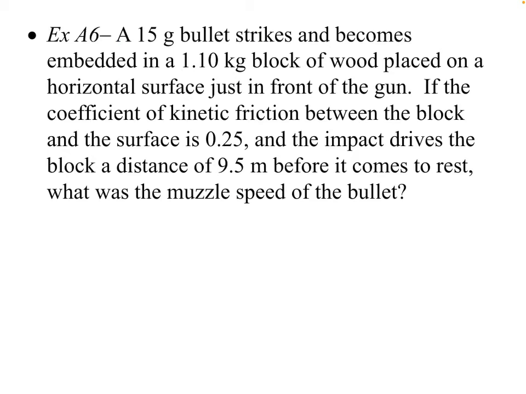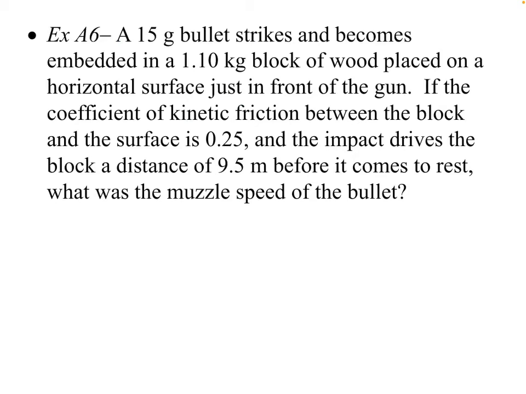So let's keep going though. The block is on the surface. The block and the surface have a coefficient of friction between them of 0.25. The impact drives the block a distance of 9.5 meters before it comes to rest. Why does it come to rest? Because, of course, it has friction acting against it.